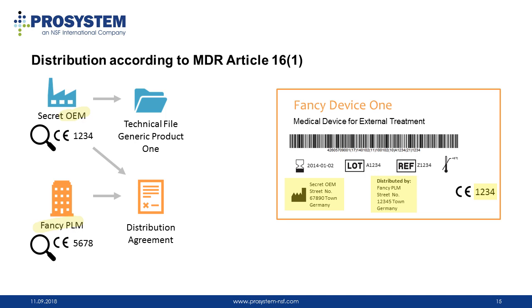Of course, all of that has to be done by the OEM, and the PLM who was responsible for these topics, or might have been responsible for these topics in the past, is not responsible for that anymore. So all of that has to be done by the OEM manufacturer.